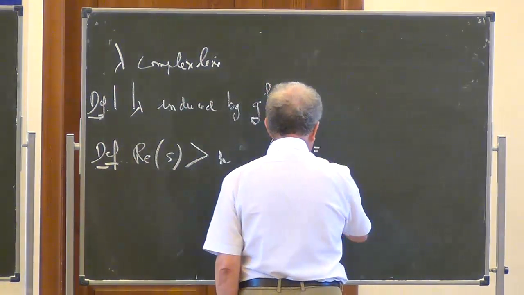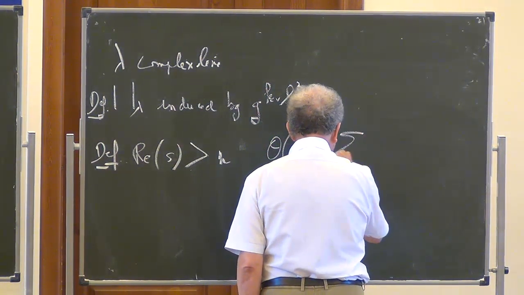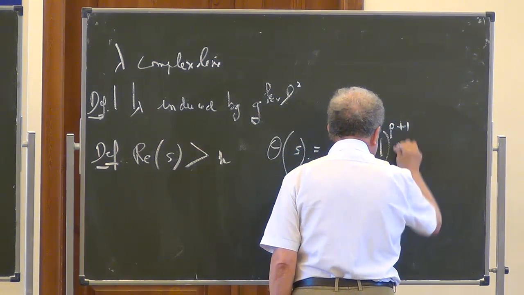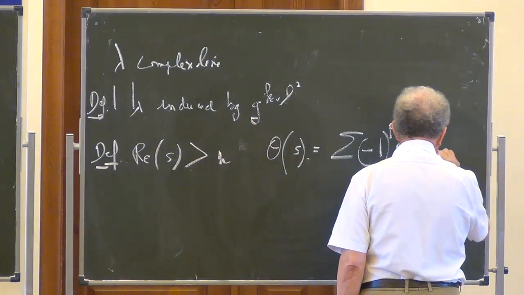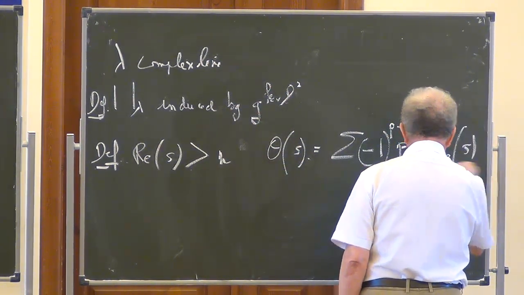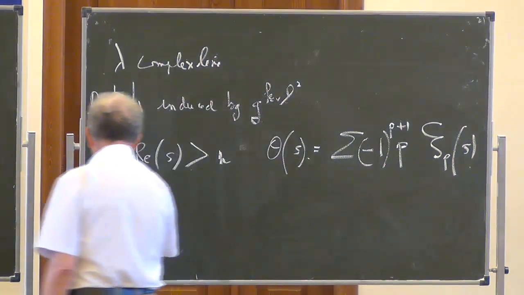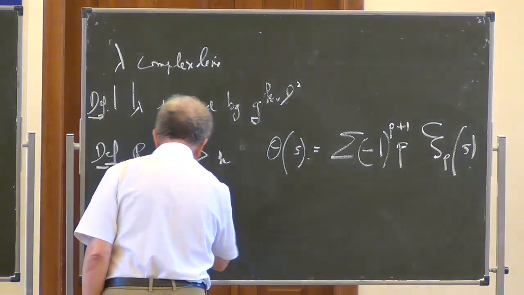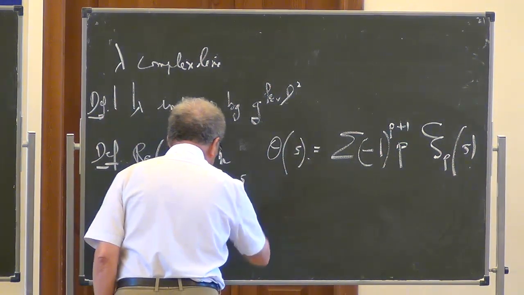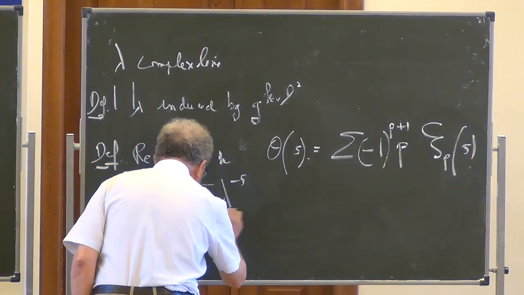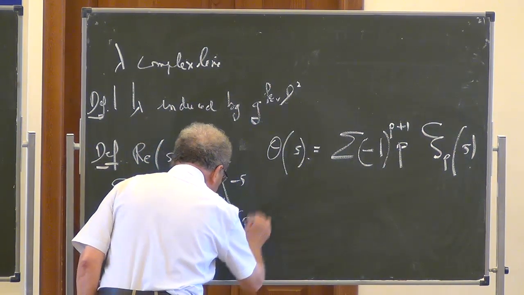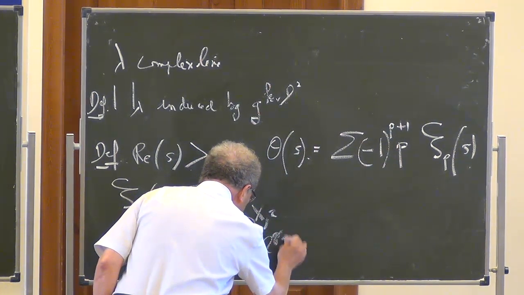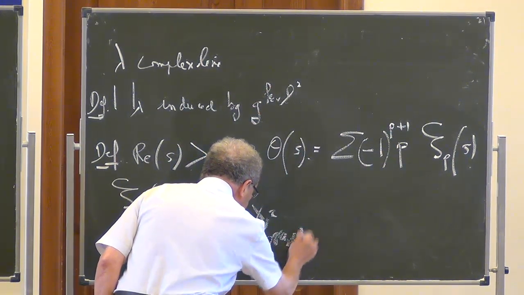I define it as the sum of (-1)^{p+1} p ζ_p(s), where ζ_p(s) is just the sum of λ^{-s} with λ in the spectrum of D^2 restricted to the (0,p) forms.